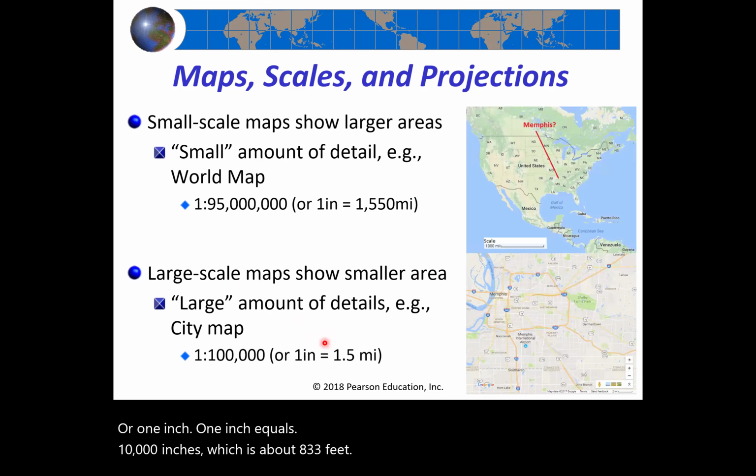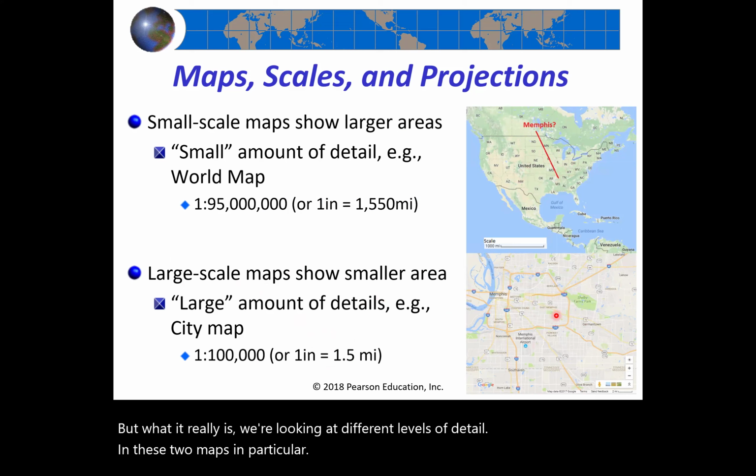Okay. Something else about our maps. We can obviously show, I'm going to say different sized maps. But what it really is, we're looking at different levels of detail in these two maps in particular.